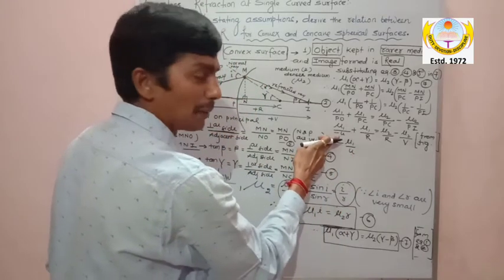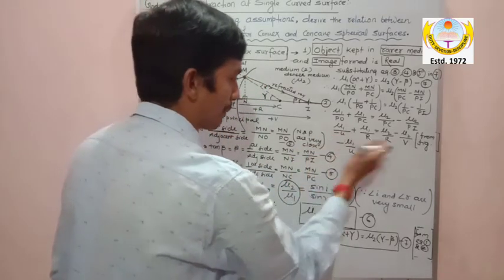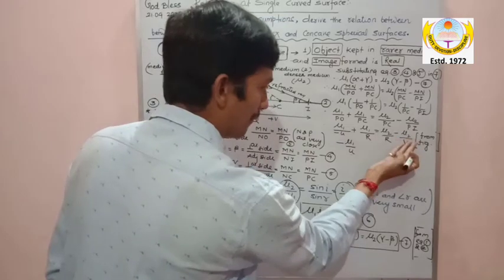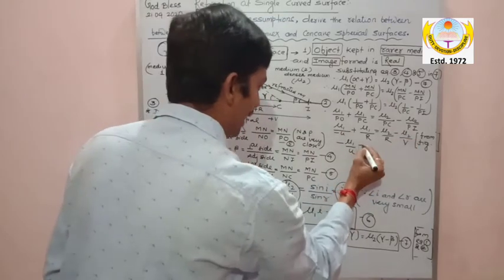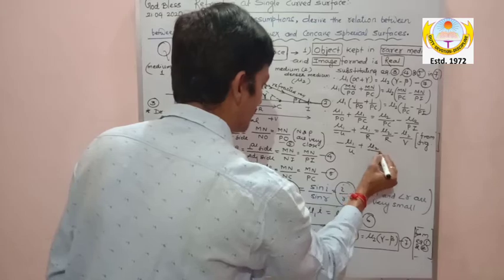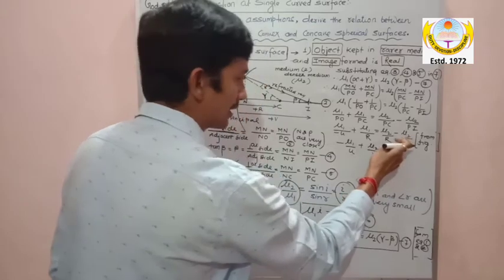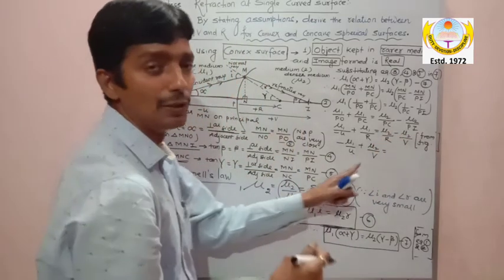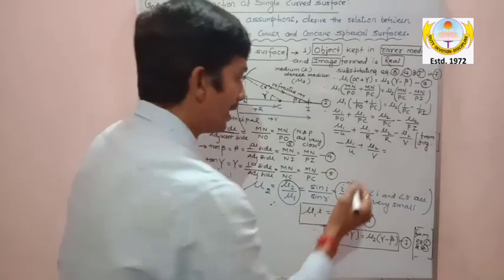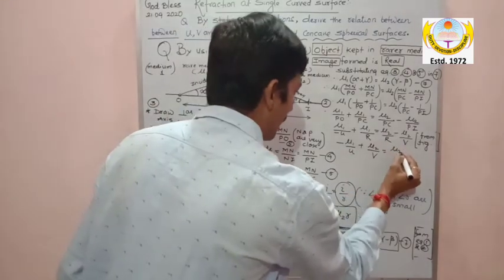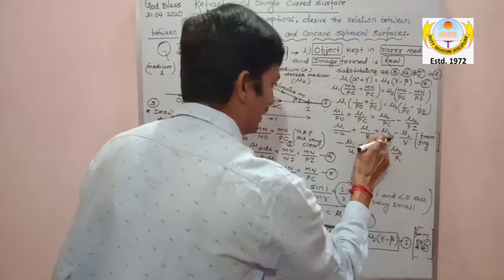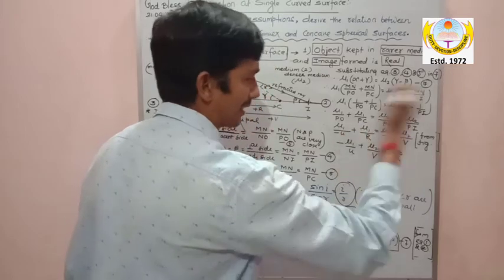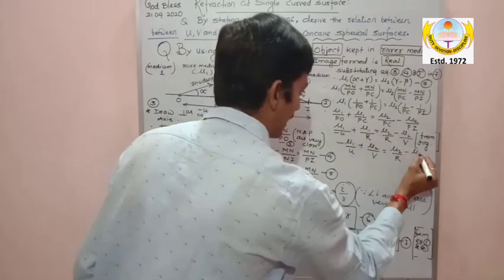Because mu1 upon minus u can be written as minus mu1 upon u, and this mu2 upon v is brought on this side, plus mu2 upon v. This is minus, right? It is brought on this side. I said u and v are taken on one side, is equal to mu2 by r on this side already, and this will be taken on that side, minus mu1 by r.